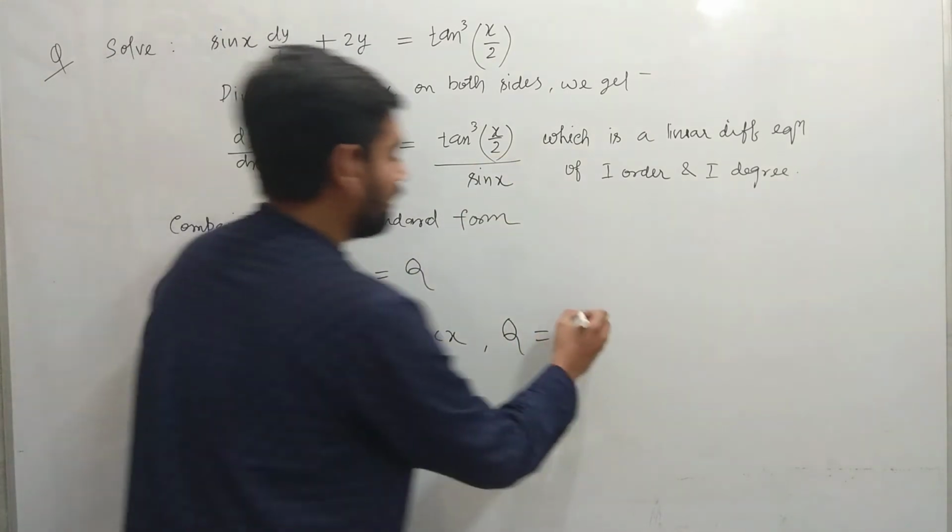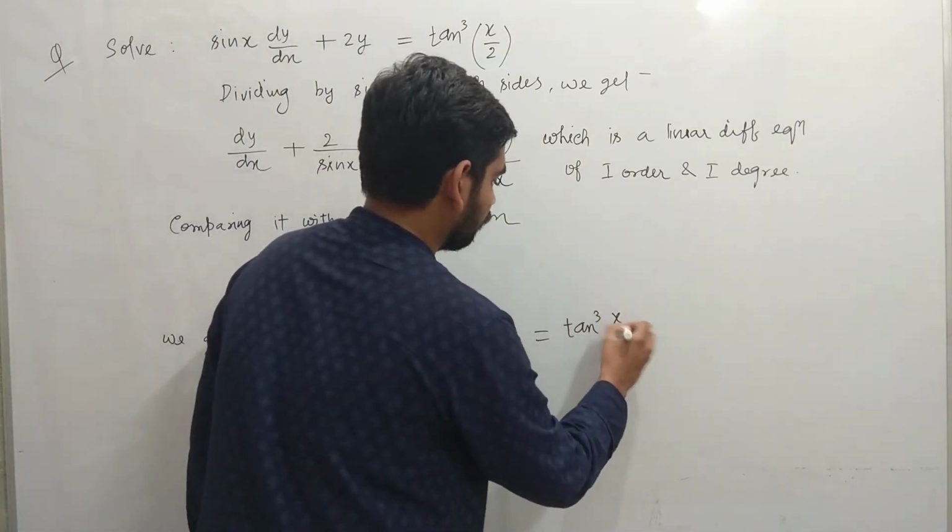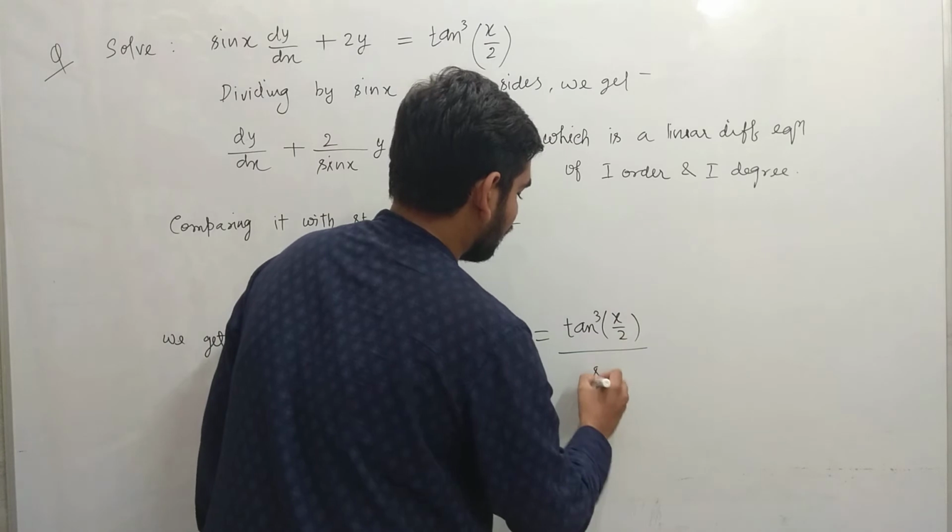When we divide by sin x, q will be tan cube x upon 2 divided by sin x.